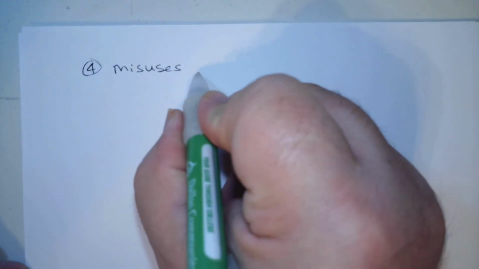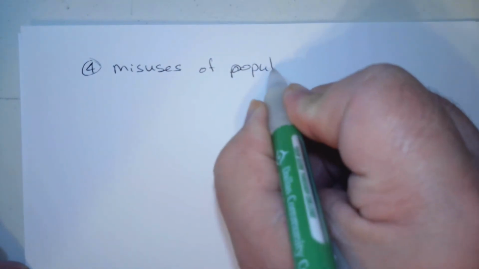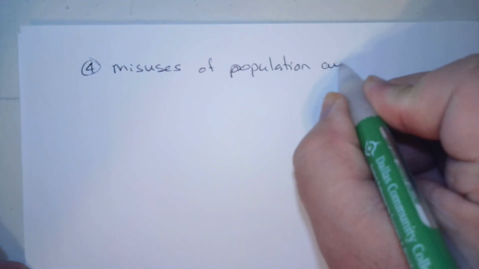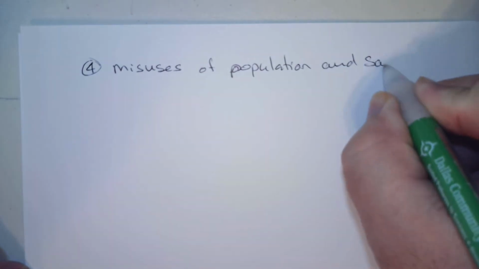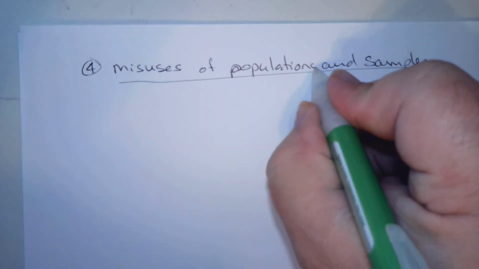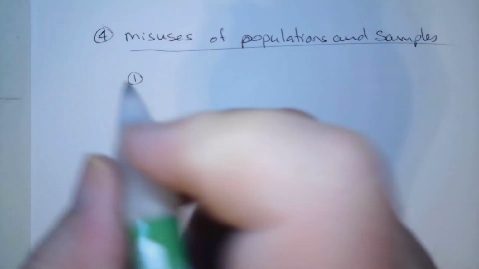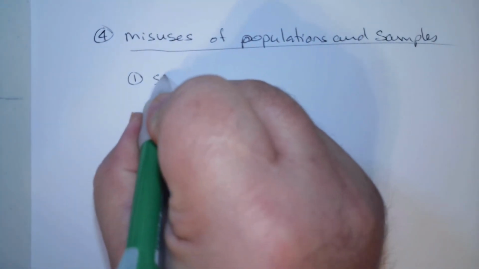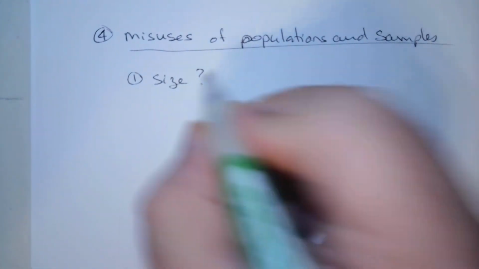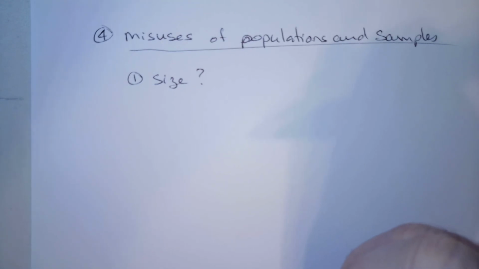Okay, number 4. Misuses of populations and samples. What's the size of your study group?